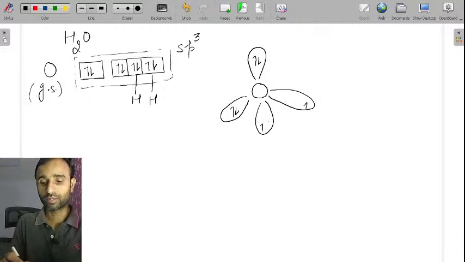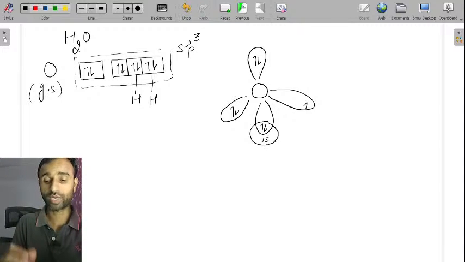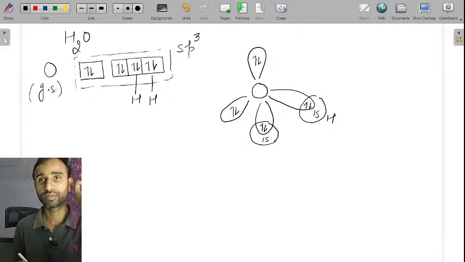So this one overlap with 1s orbital of hydrogen. Let's write, sorry, 1s orbital of hydrogen. They are sp3 hybrid orbitals. It also overlap with 1s orbital of hydrogen, right?